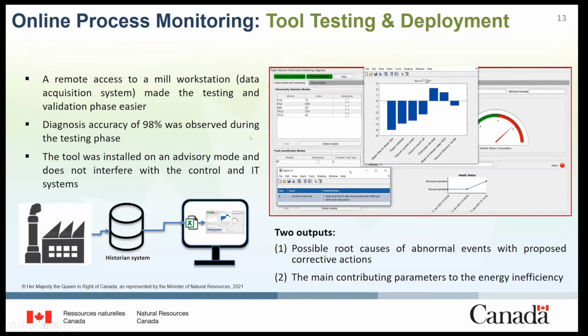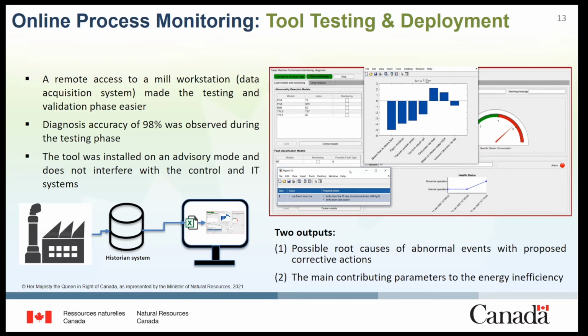So before transferring this tool to the mill, we did tests for many weeks to verify and validate the accuracy of the tool. So in our case, we had remote access to a workstation in the mill where the tool is installed.